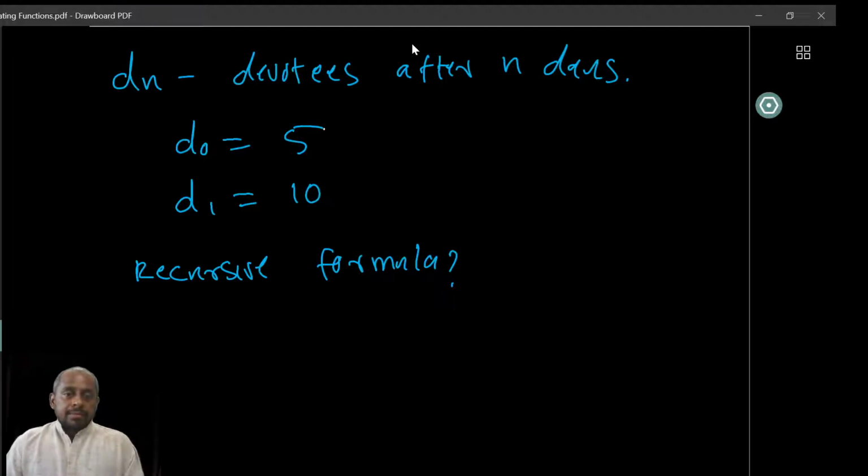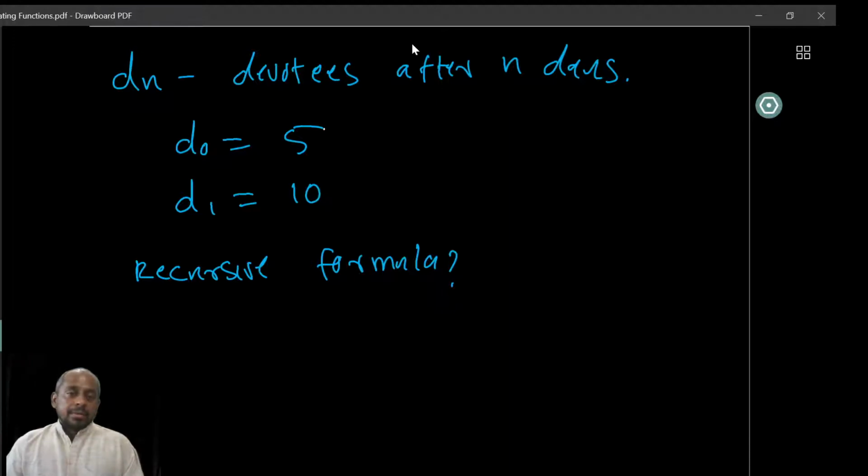First of all, if you look at the nth day, whoever joined on the (n-1)th day will recruit one person each. In fact, everybody will recruit at least one person on the nth day. So whoever was there the previous day, that many people will always be recruited on the nth day.